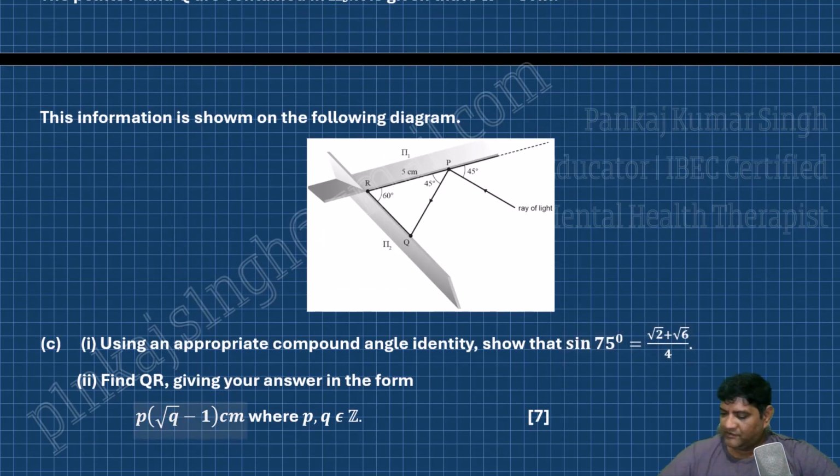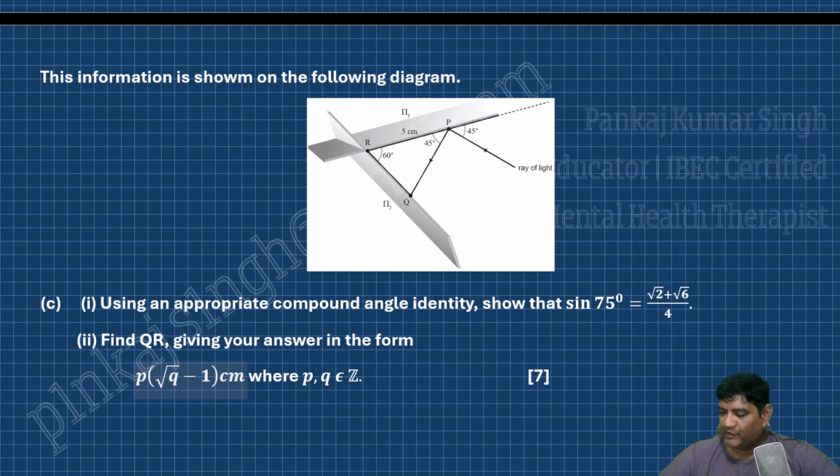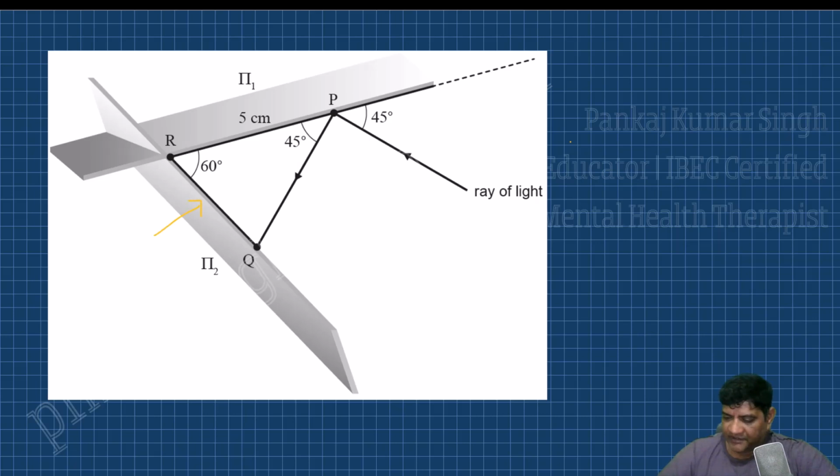Now for the final question, which is finding the value for QR given your answer in the form of so and so, I'll be making use of the diagram. So QR is what I need to find. This is the value I need to find. So I can use the sine rule over here.